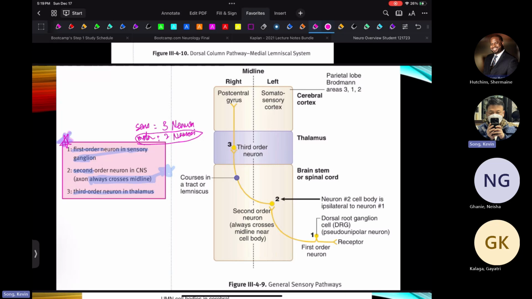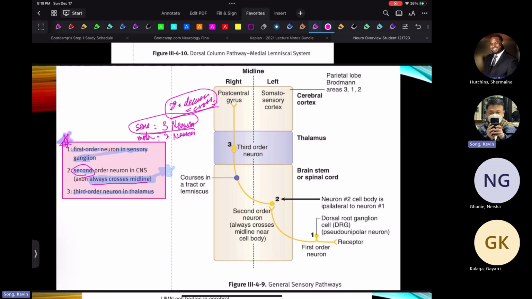Oh no, sorry, it's not this one. In the sensory, the second neuron will decussate. Second decussate, meaning that it crosses. Second crosses. So very important.